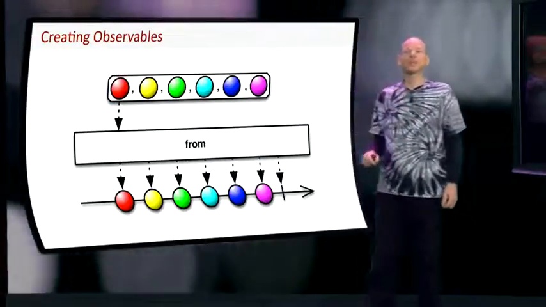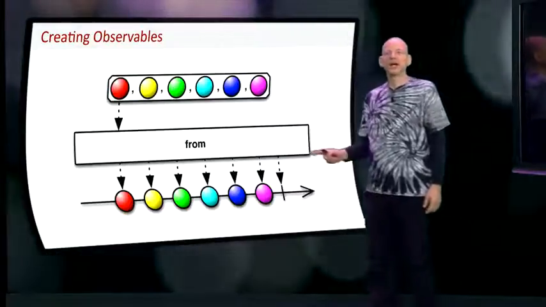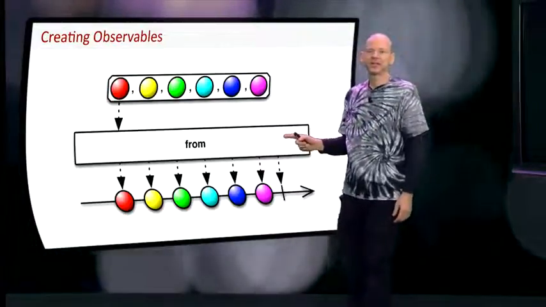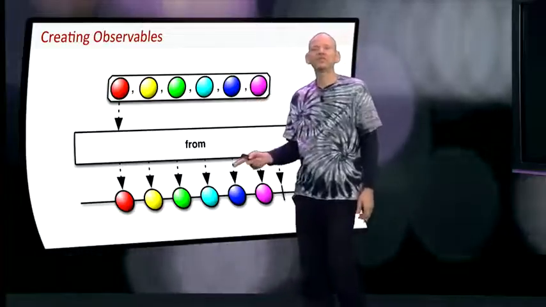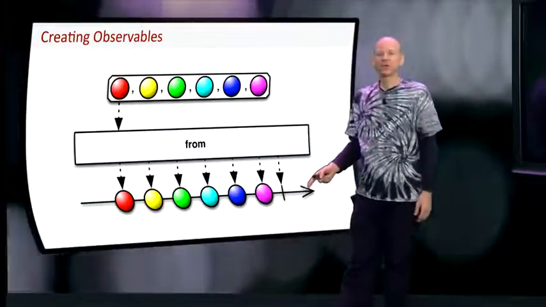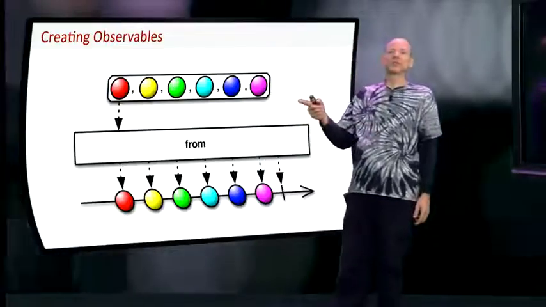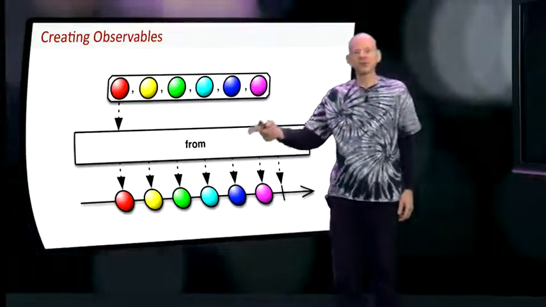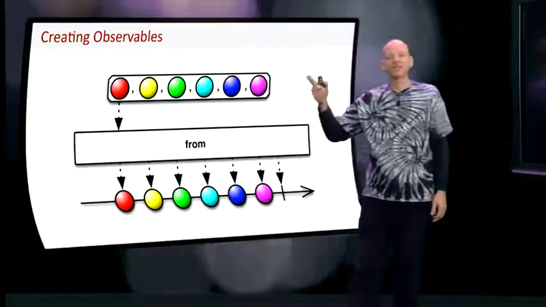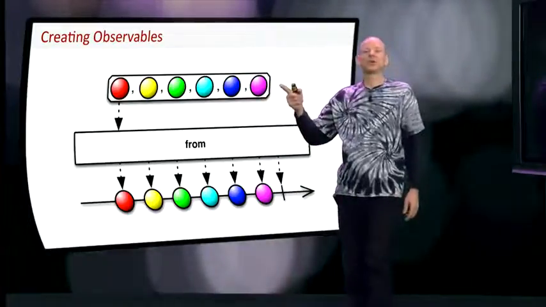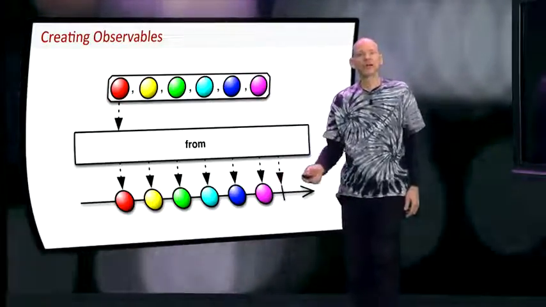As the last example, I want to show you how to create an observable from an iterable. All right, and then of course you can also go from an observable to an iterable with toBlocking, but I want to go the other way now. Okay, so in some sense you can go in both directions.